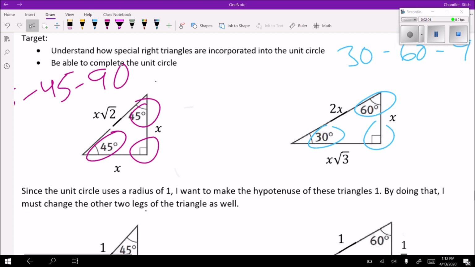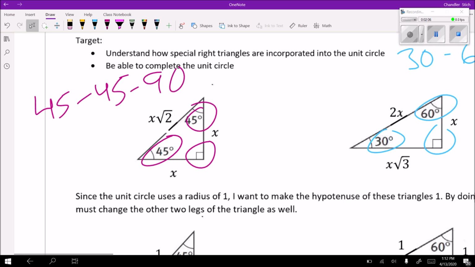Okay, so 45, 45, 90 and 30, 60, 90 triangles have these very distinct features. For 45, 45, 90 triangles, all their sides can be x, x, x root 2. Across from the 45 you have x, and across from the 90 you have x times the square root of 2. Very important pattern there.